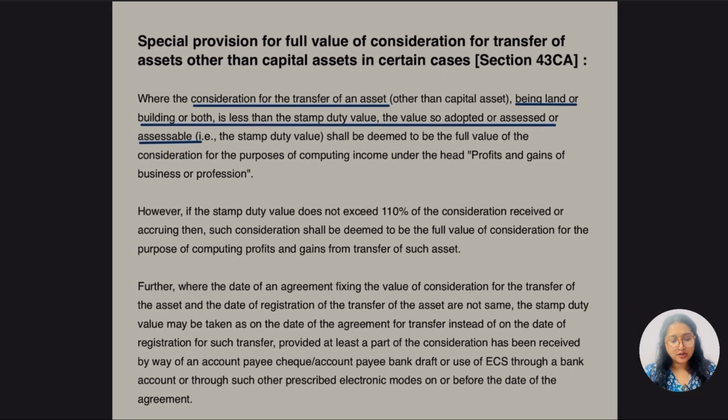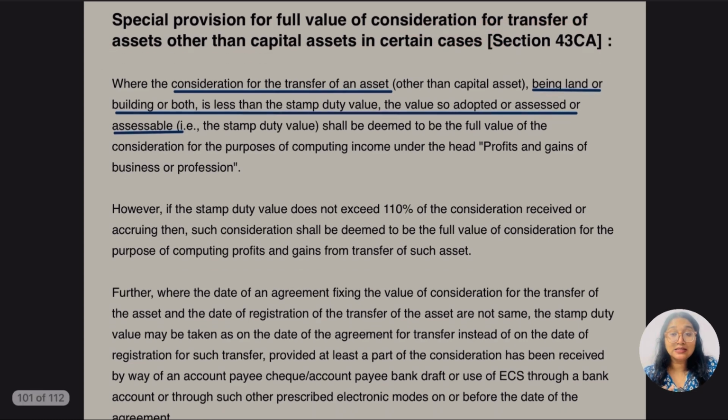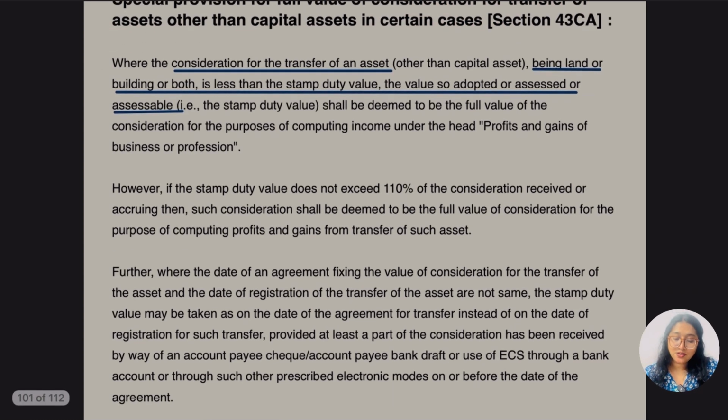Let's go for section 43CA. This you know, so I'm just going to read it, which is related to the capital gain chapter, so I'll read it, you will easily understand. Special provision for the full value of consideration for the transfer of an asset other than a capital asset in certain cases: where the consideration for the transfer of an asset other than a capital asset, being land, building or both, is less than the stamp duty value.